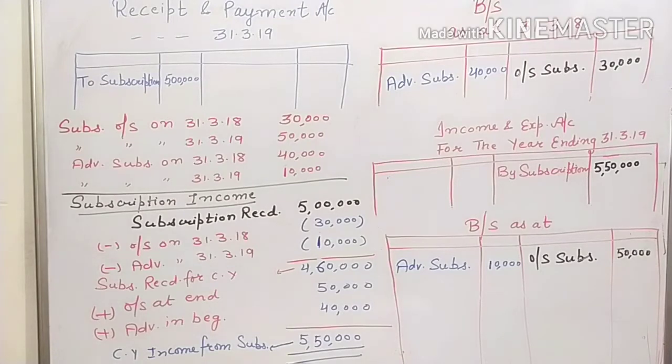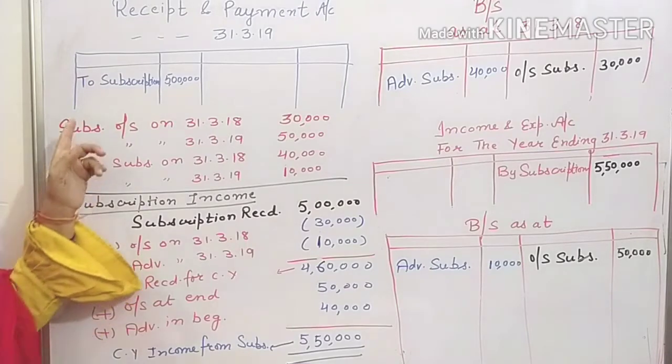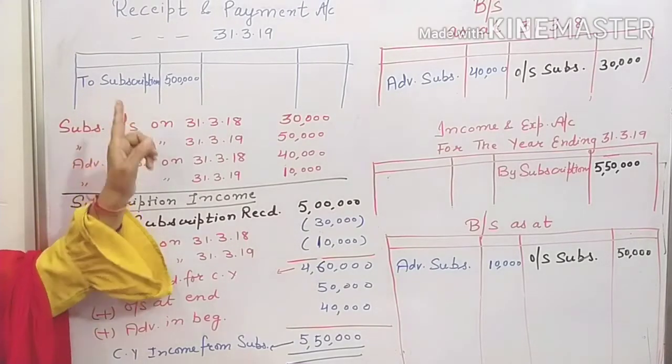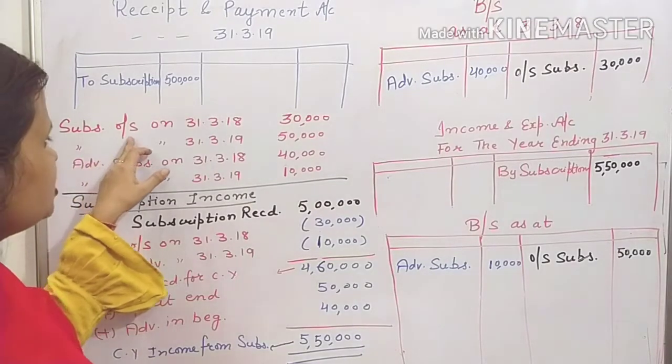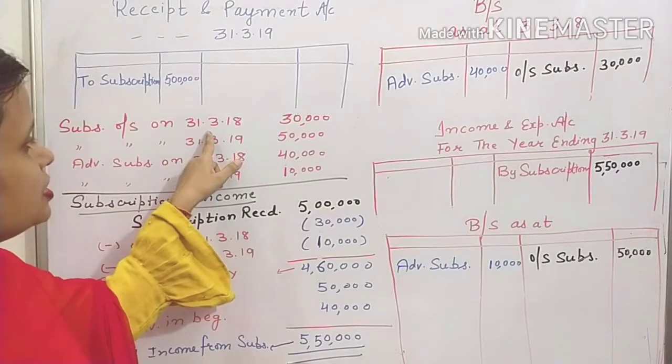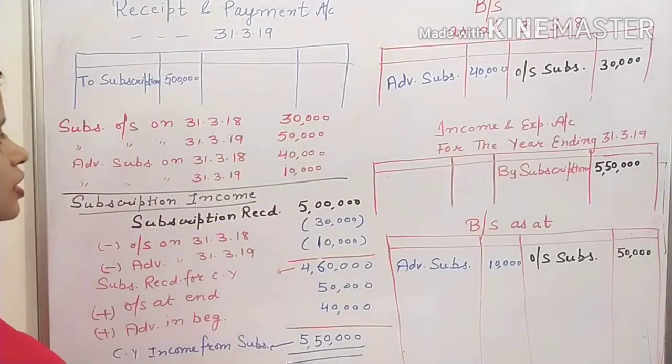Now, this is our first example of how the subscription income will be shown. The receipt and payment account is given to you, and on the receipt side, subscription received is given as 5 lakh. Along with this, additional information: subscription outstanding on 31st March 2018, 30,000.